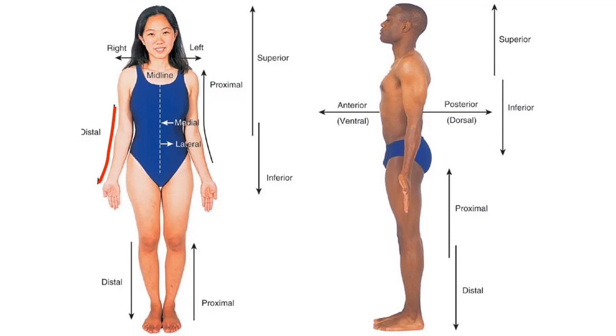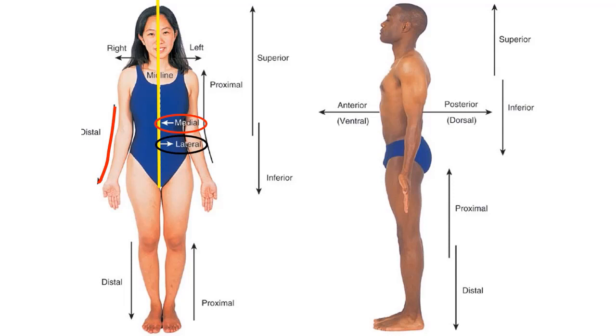Now, let us address the directional terms, which are a bit too many, but I'll try to make them as easy as possible. If we look to the left, we draw a midline through the head, neck, and the trunk, and anything nearer to the midline is called medial.